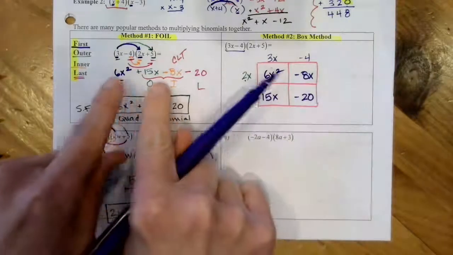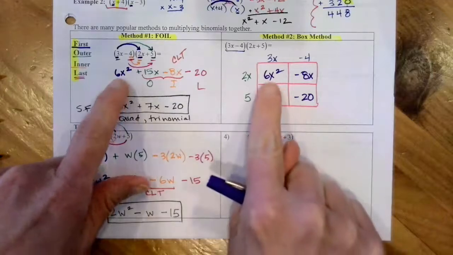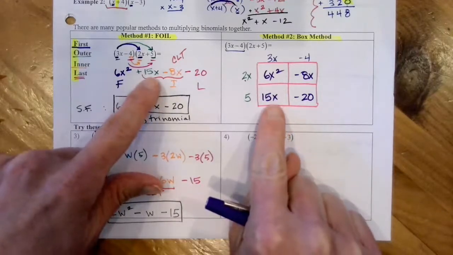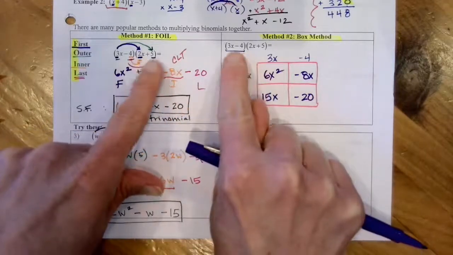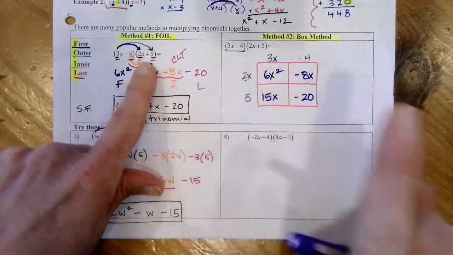Now, come back here and you see there's our 6x squared, there's our 15x's, there's our negative 8x's, and there's our minus 20. If you look, we've had the same problem twice.